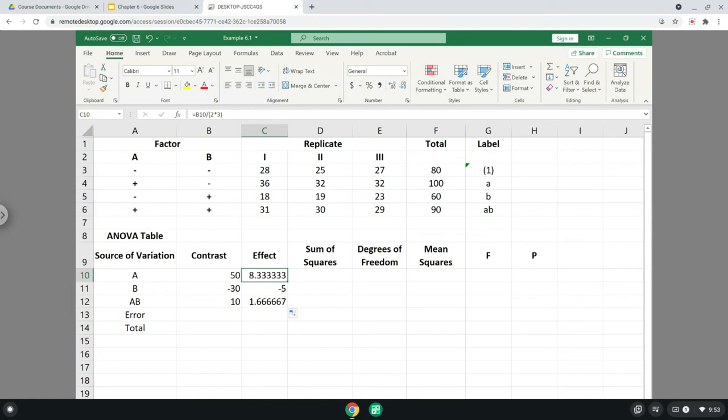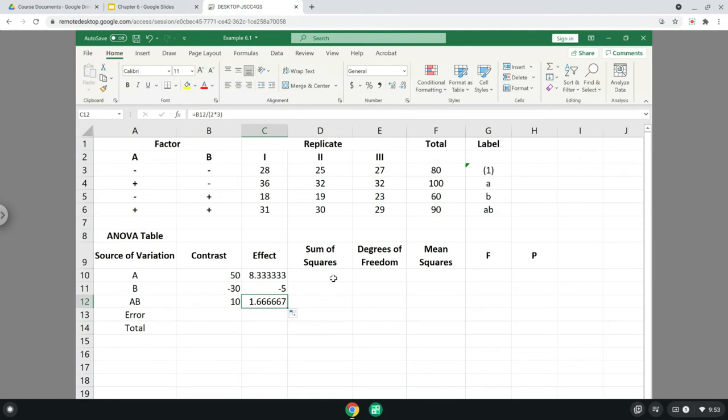So at lower amount of catalyst, you are getting better yield, and if you use higher amounts of catalyst, basically you are getting lower yield. Interaction effect is not as significant as the main effects of factor A and B, right? It's very little, 1.66. So that is that.